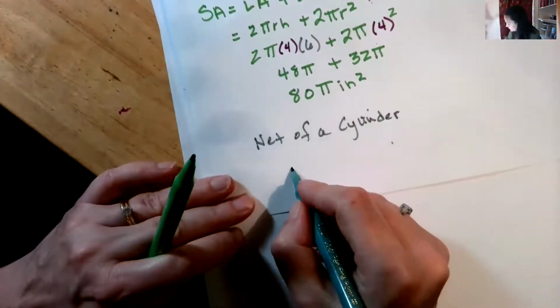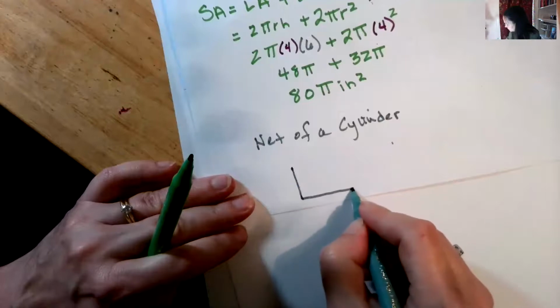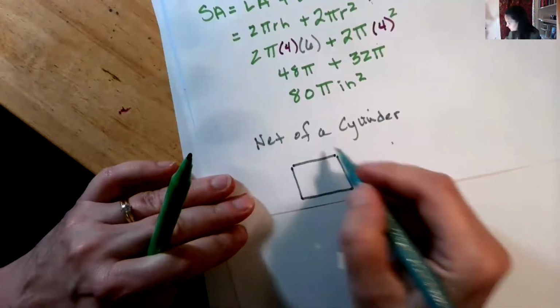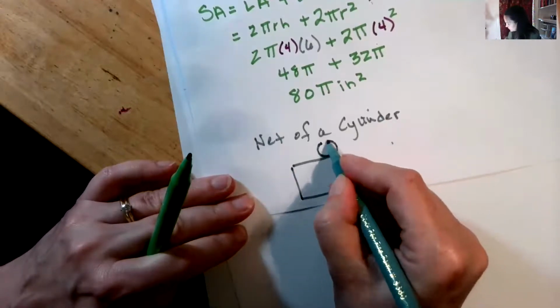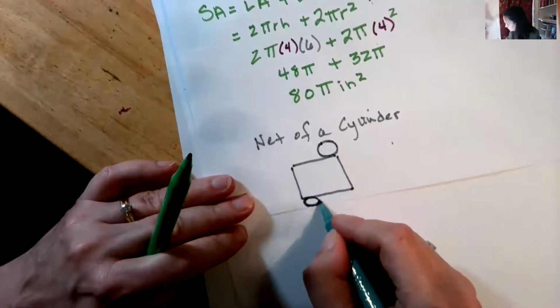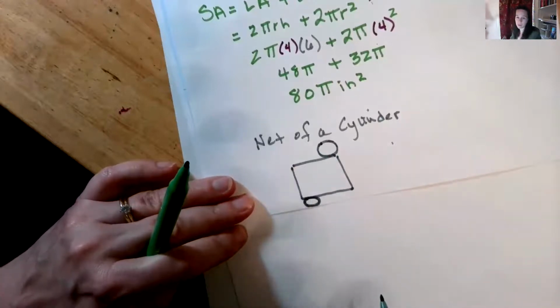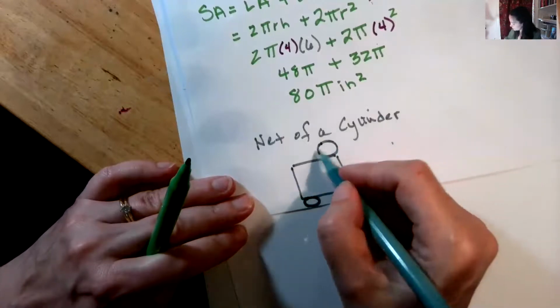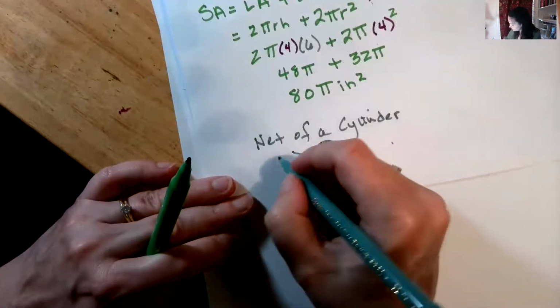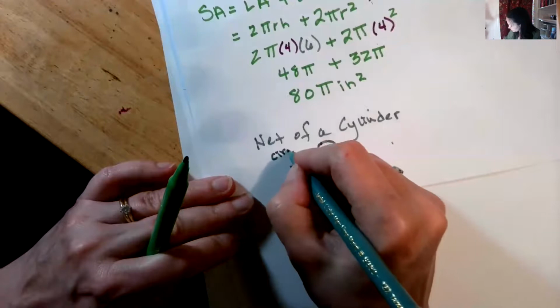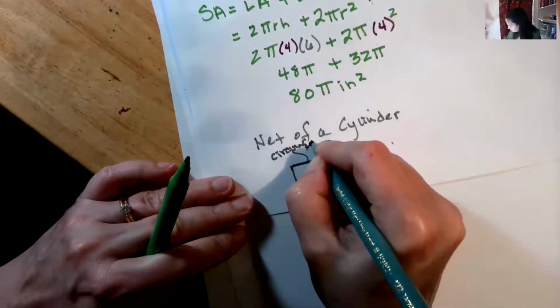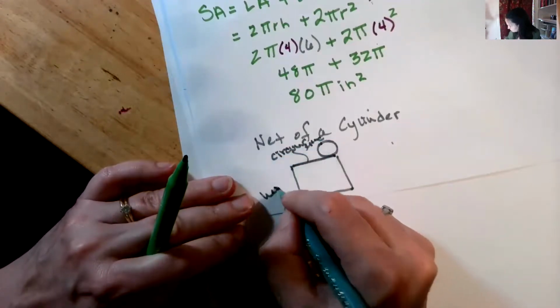Well, you have your lateral area, right, which is a rectangle, and then you have circles, which, if my paper didn't run out, would both be the same size. And of course, this is going to be your circumference, and this is your height.